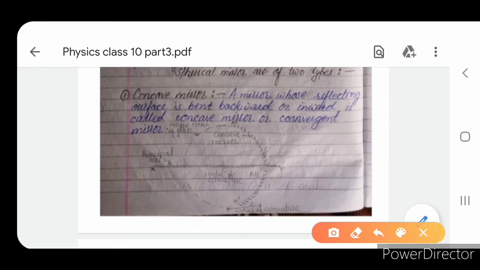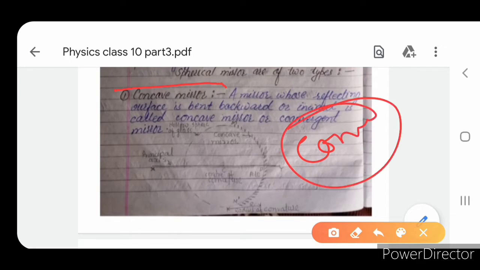In Hindi, Uttal Darpan means convex mirror, and Uttal Darpan is also known as Apsari Darpan. And in Hindi, concave mirror, Avtal Darpan, is also known as Abhisari Darpan. It means concave is also known as convergent and convex is also known as divergent mirror.